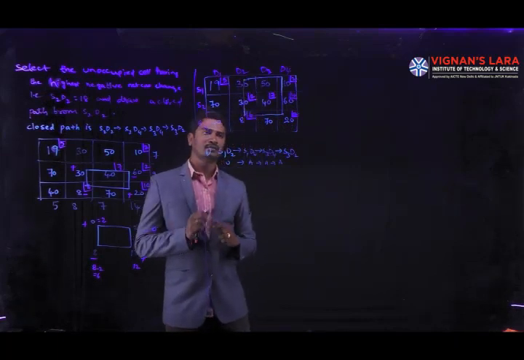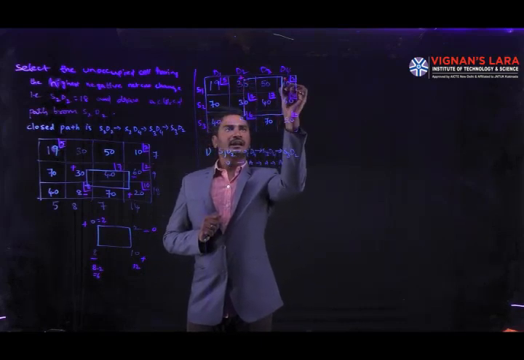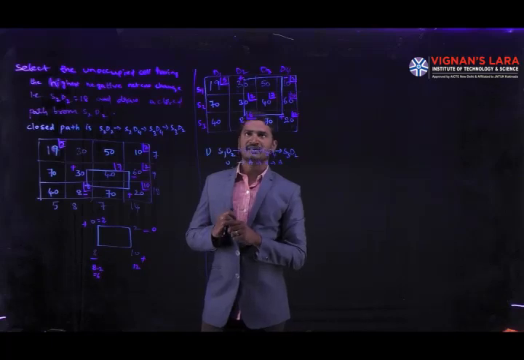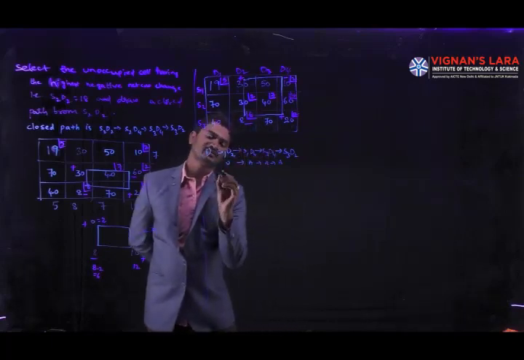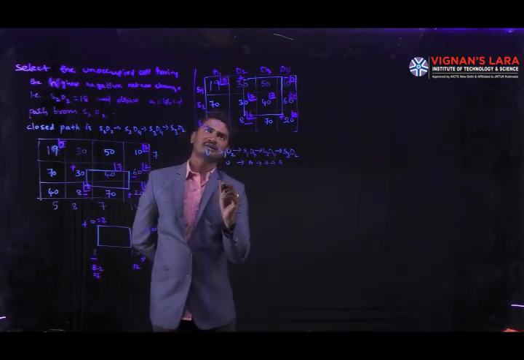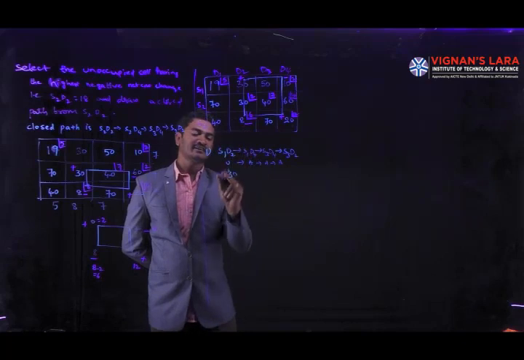Now we are going to give the signs. Unallocated means positive sign, then we arbitrarily give negative, positive, negative. After giving the signs, we have to calculate the net cost value. At S1 D2 the cost value is 30, and the sign is positive.